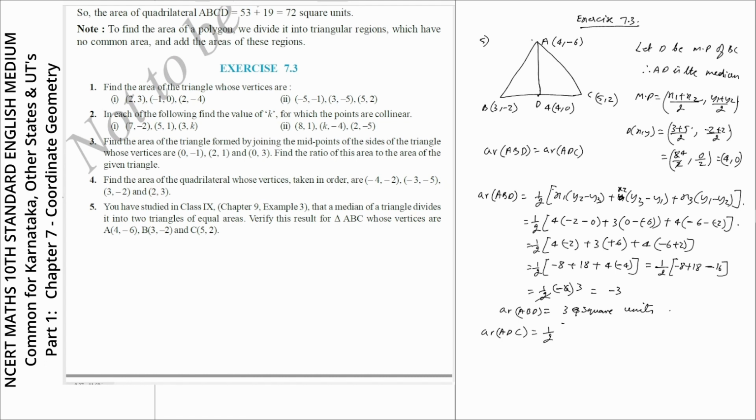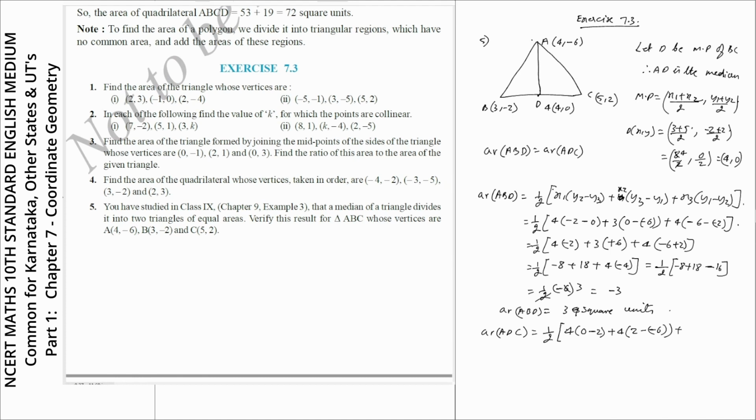I'll take x1 y1 as 4 comma minus 3, that is point A, and x2 y2 as point D, and x3 y3 as point C. So here x1 is 4 into y2 minus y3, that is 0 minus 2, plus x2 is 4, plus y2 minus y3, sorry, here y3 minus y1, so that is 2 minus of minus 6 I'll get.